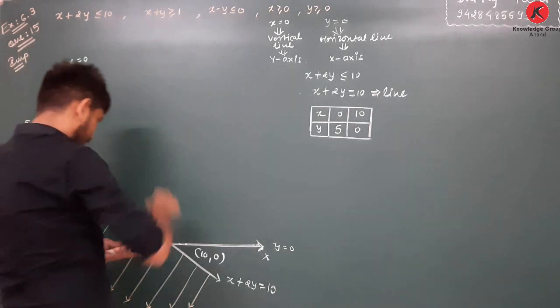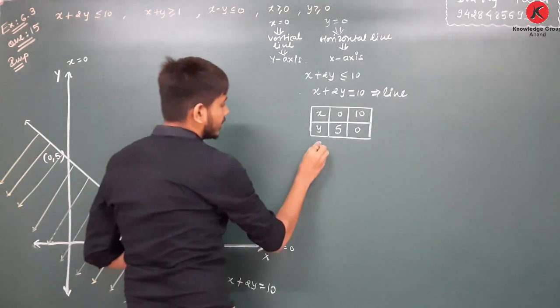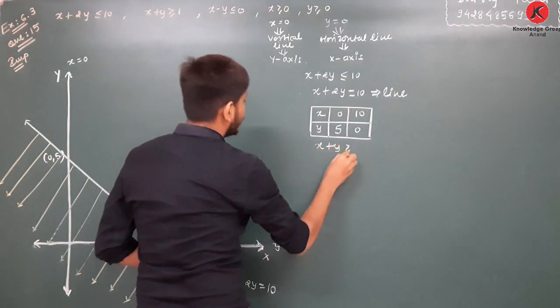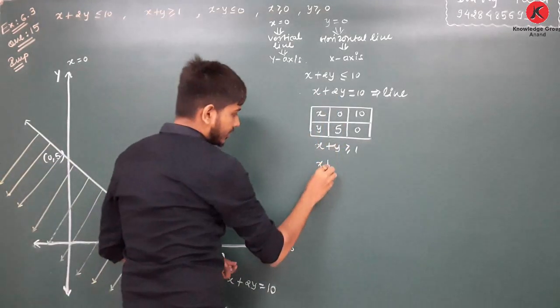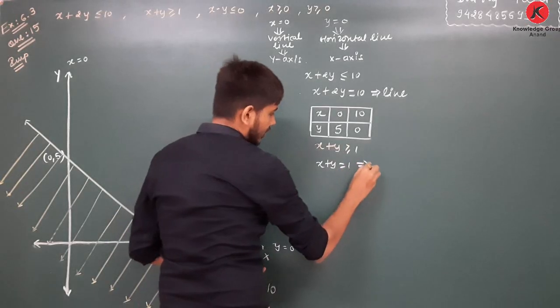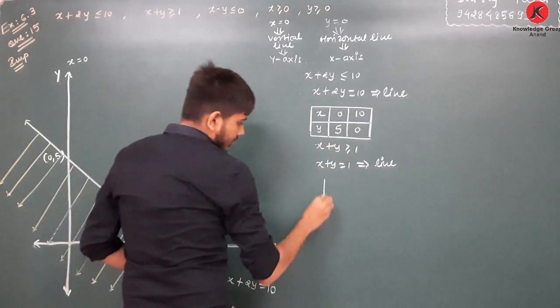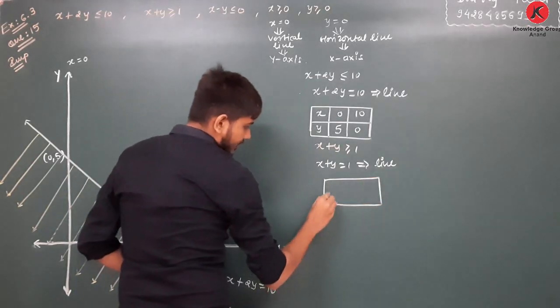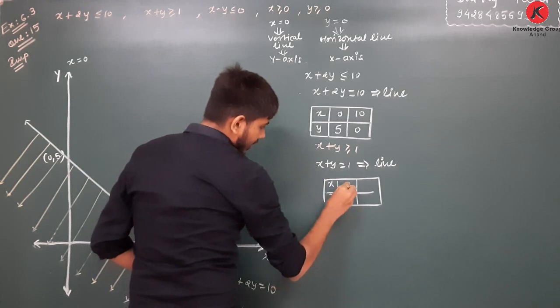The second inequality is given here. x plus y is greater than or equals to 1. So now consider the line. The line x plus y equals to 1 is our line. Now assume 2 points from which our line is passing.